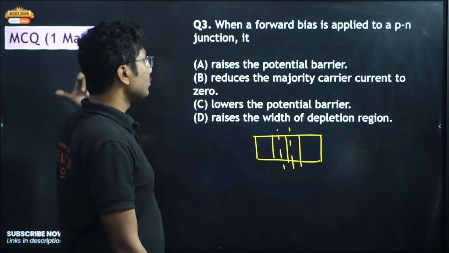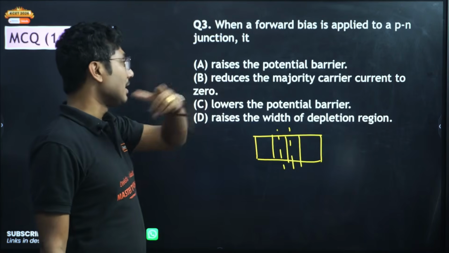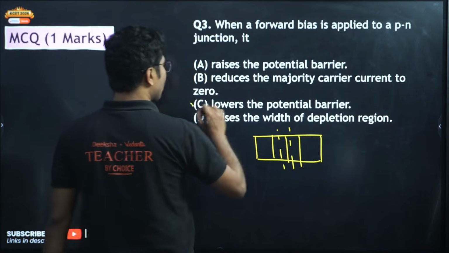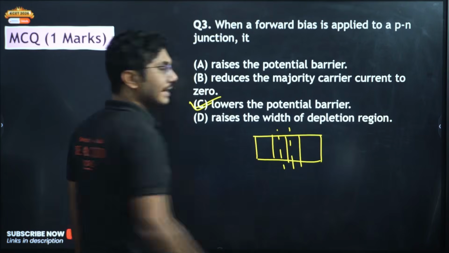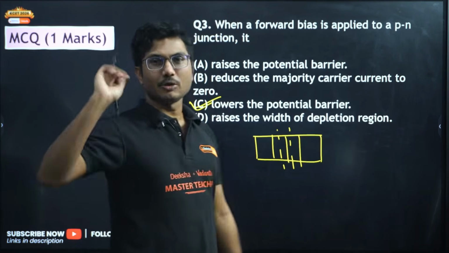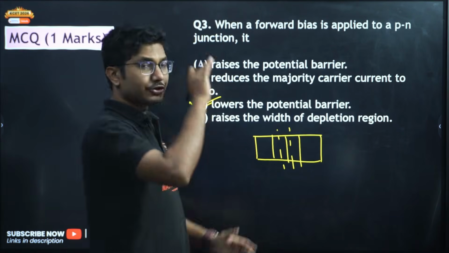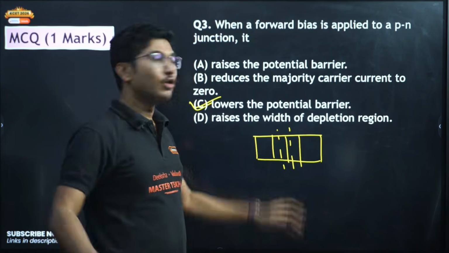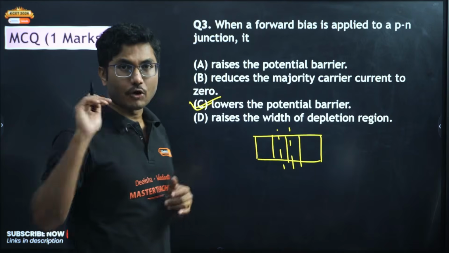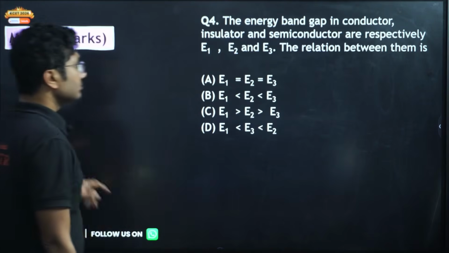So it lowers the potential barrier, not the majority carrier. It does not change majority or minority carriers. It only lowers the potential barrier, and it becomes 0 as you keep increasing the forward bias voltage.